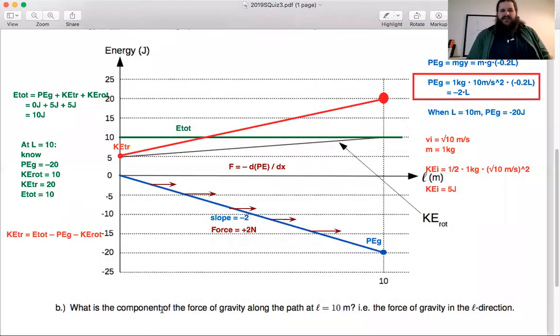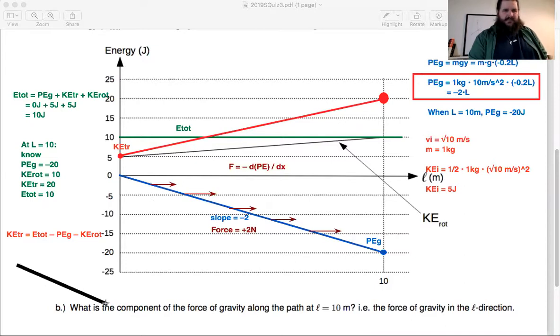the force of gravity is going to be, this was a 1 kilogram object? So the actual force of gravity is going to be 10 newtons straight down. But only some of that force is in the downhill direction, along the slope, along the actual path. Like if we take a look at the path itself, you've got this ramp, and you've got this ball rolling down the ramp.